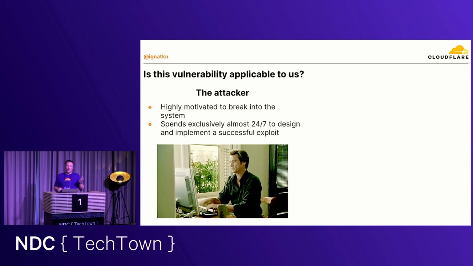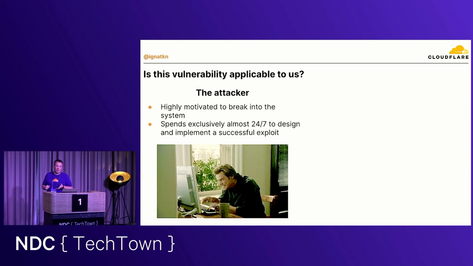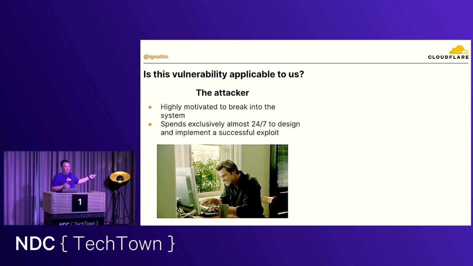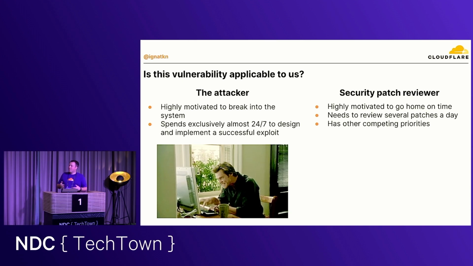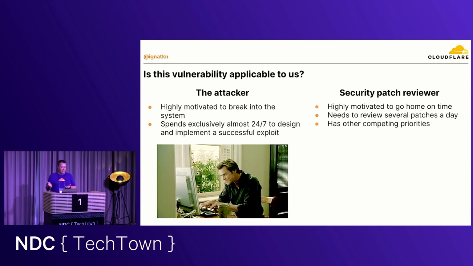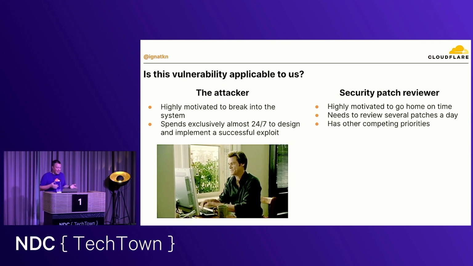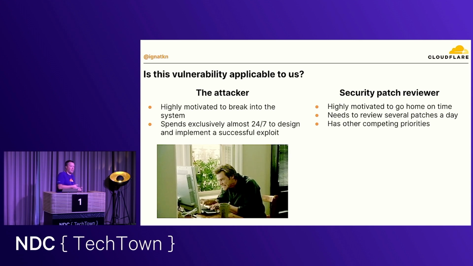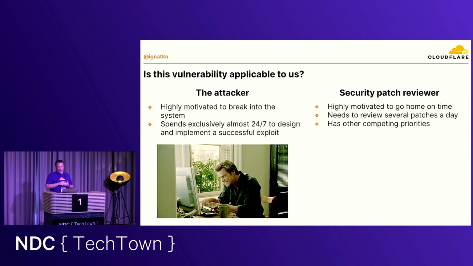So the attacker knows if our system is exploitable. But we don't ask the attacker, right? We don't know who they are. We ask a security patch reviewer, who has different priorities. They want to go home on time, right? It can be a security engineer or a Linux engineer or some SRE or DevOps, and probably they need to review several patches a day.